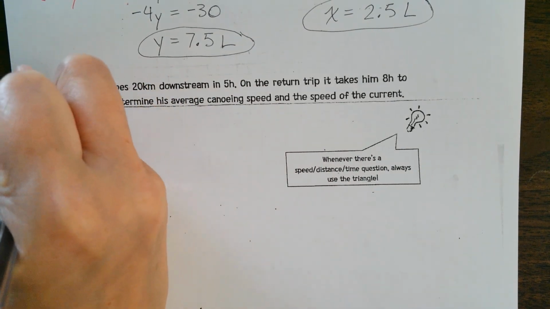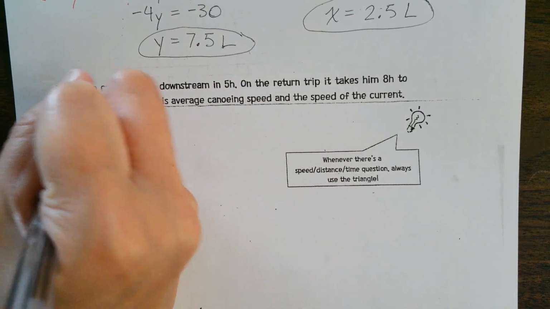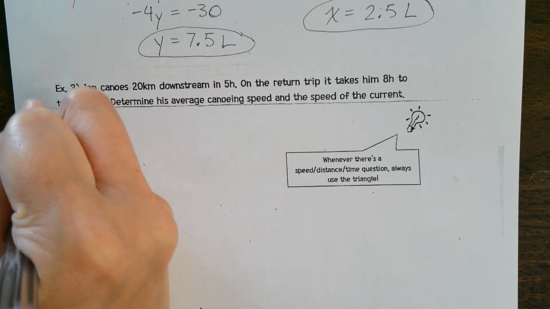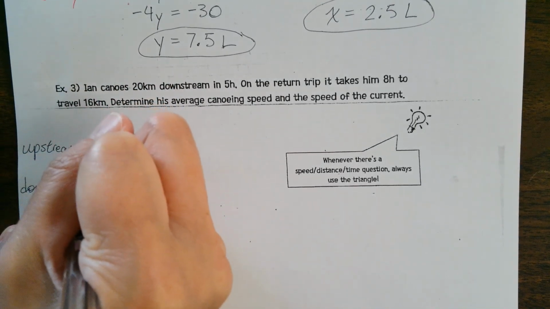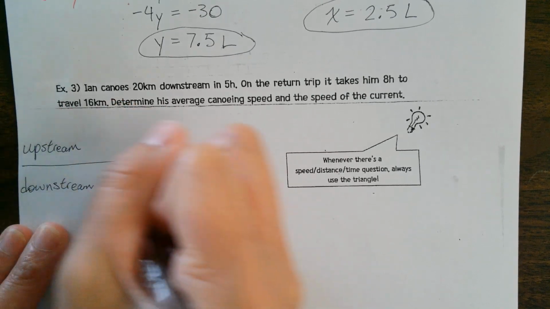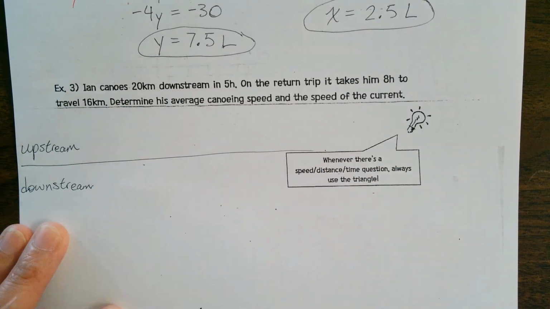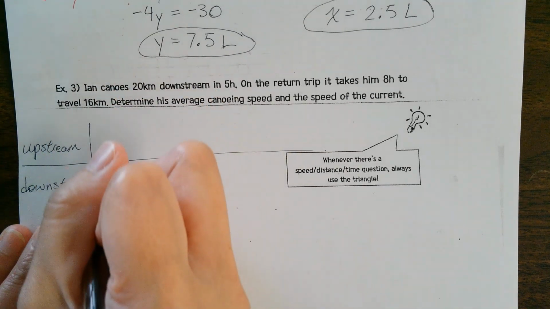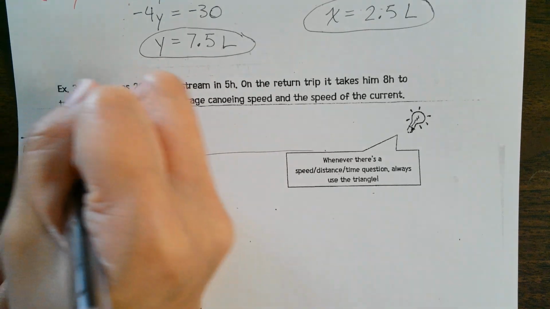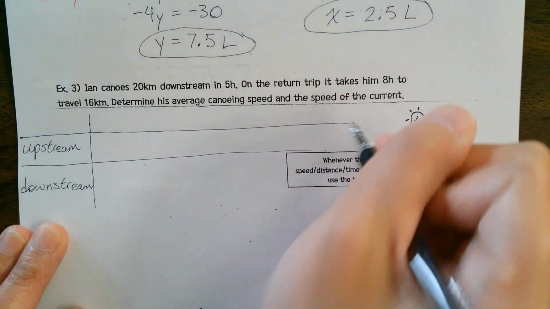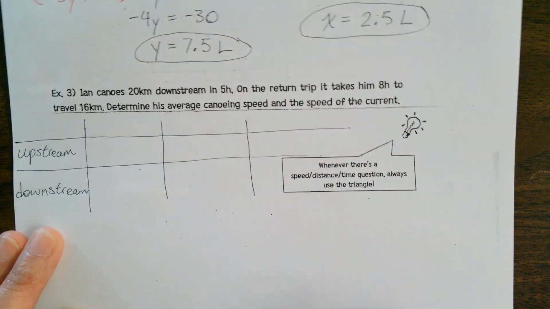So upstream, downstream. What's the difference between upstream and downstream? Yeah, Alan? When the current is working with you, and when the current is going against you. Yeah, so which is faster? Downstream. Yeah. These are similar to a problem from the homework as well.